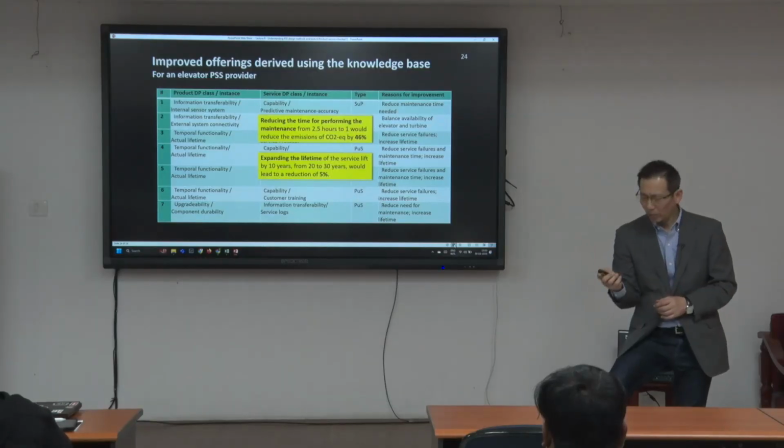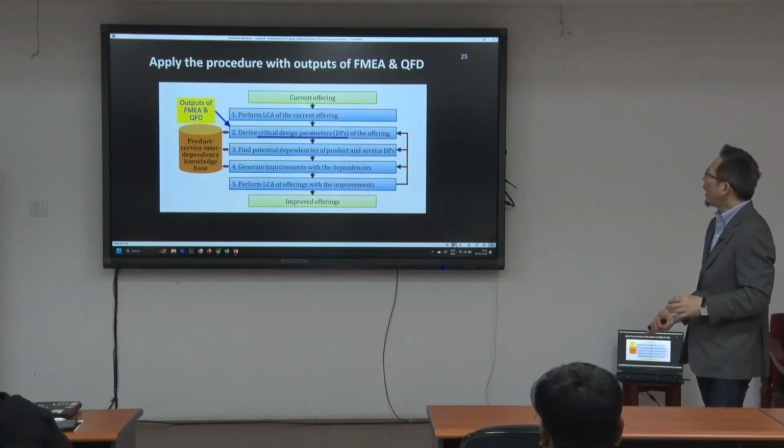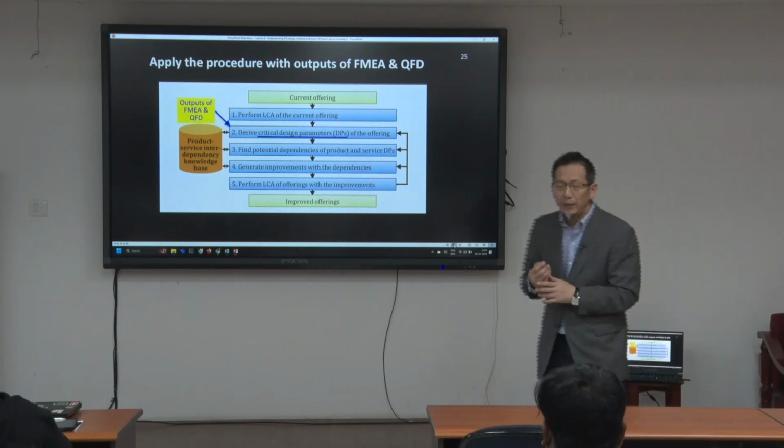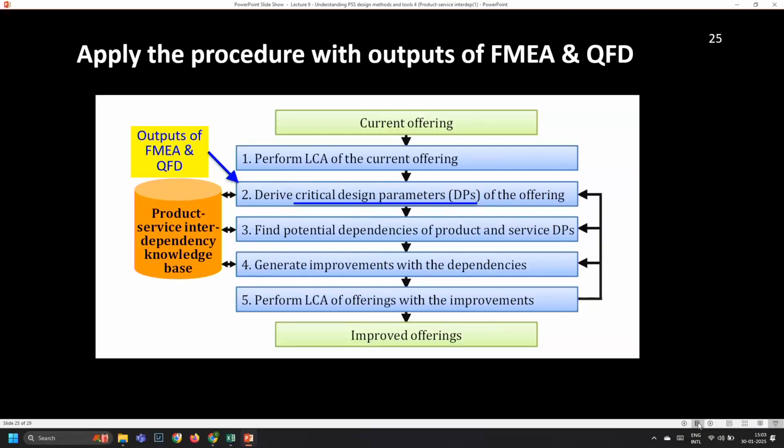So now, I would like to help you with your project work. My suggestion is basically to use step 2, step 3, and step 4 using the knowledge base, using the Excel file you have access to.